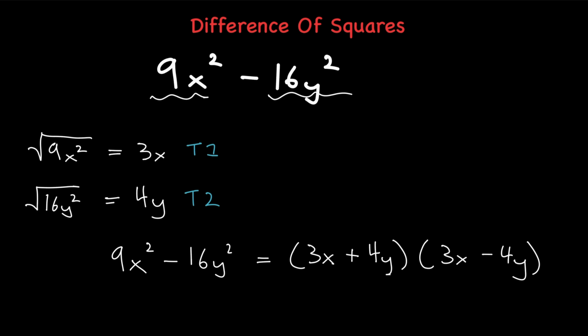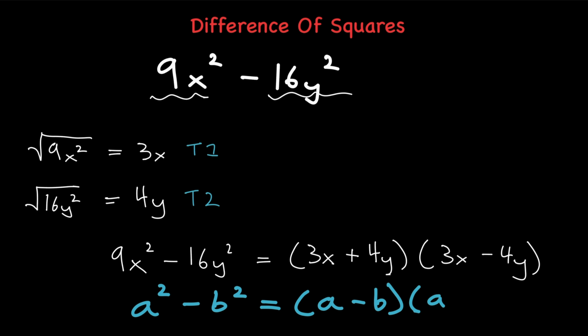And so that covers the main idea of the difference of squares. And to summarize it all, anytime you see an expression in the form of a squared minus b squared, you can factorize it using the identity a minus b times a plus b.